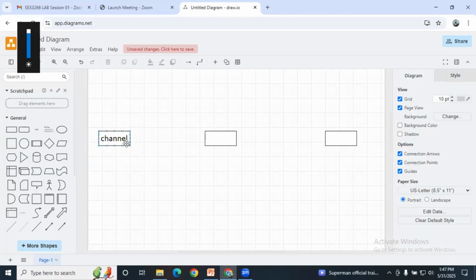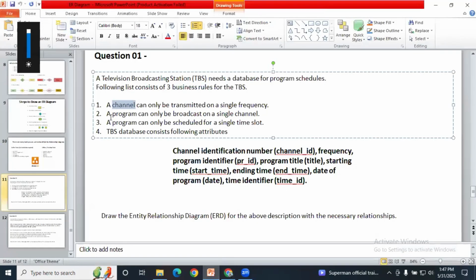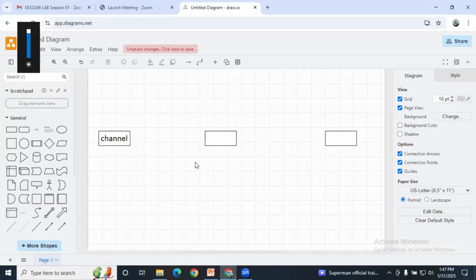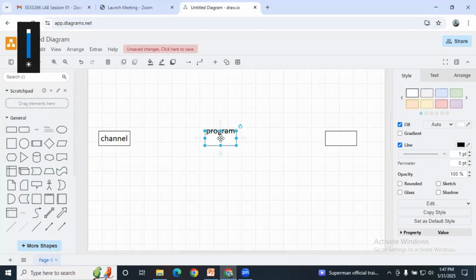Okay, channel is the first entity. According to the second line, they are saying a program can only be broadcast on a single channel. So the second entity is what? Program. So paste it in here.